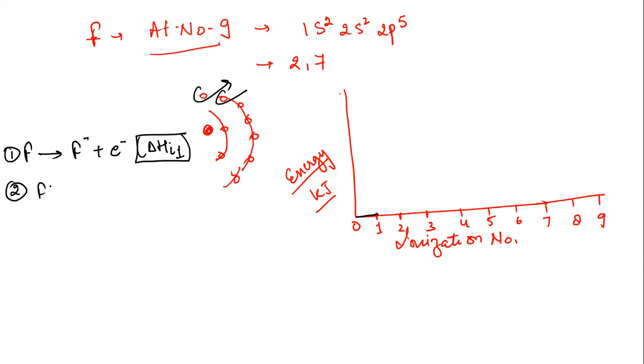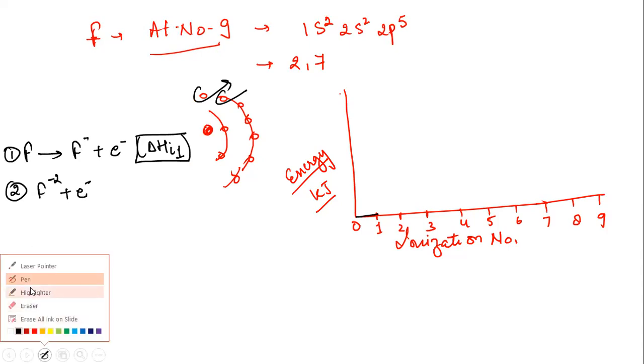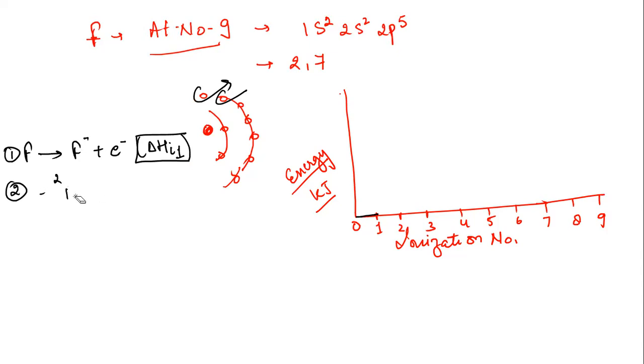Then F negative converts into F minus 2 plus an electron, giving delta H I 2.